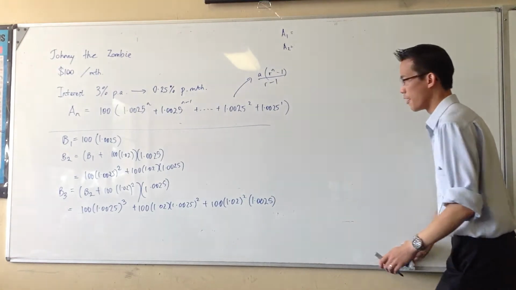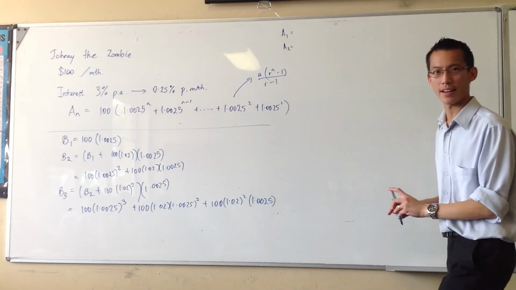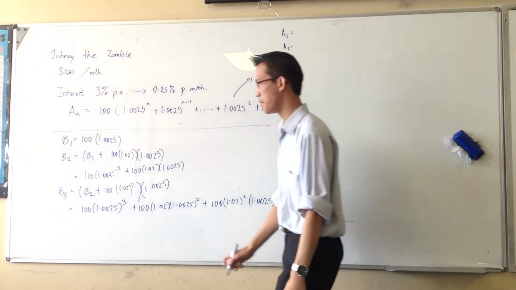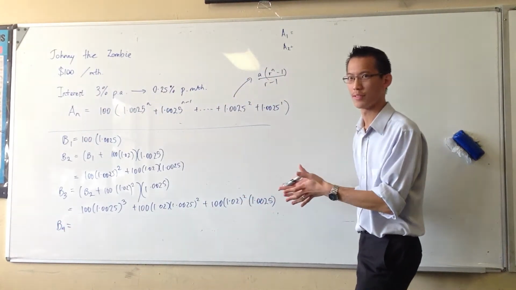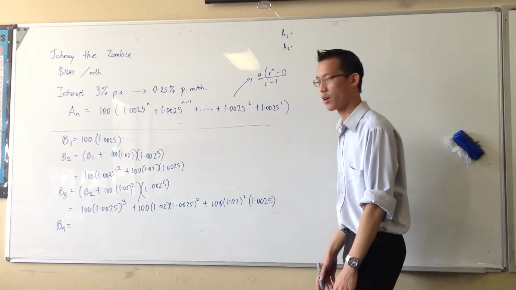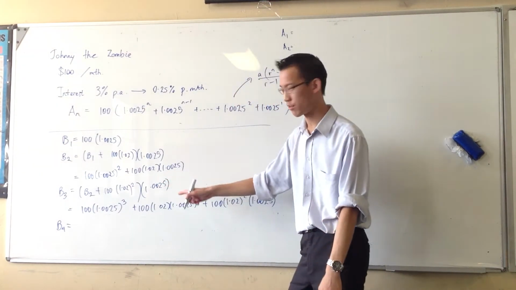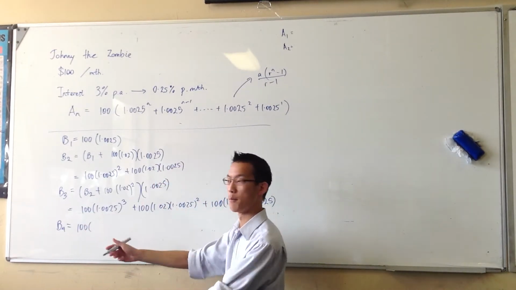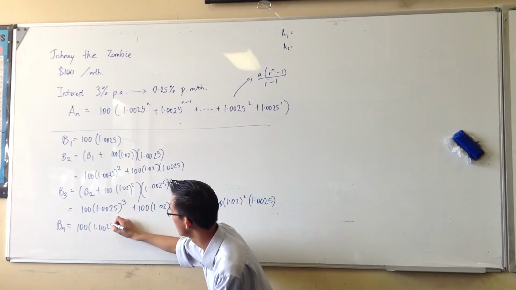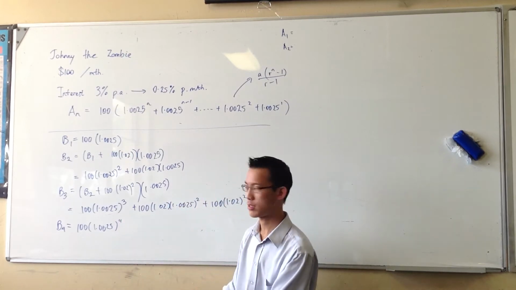okay? Now, in my working, I think just to be sure, I did B4. Okay, because this is unusual for us, right? It's got some different things in it. So what would happen? Well, I'll skip a line. I'll just go immediately to what it's equal to. That first lot, right, it's going to get one more lot of interest. So 4 lots of interest.